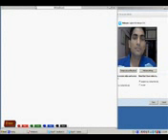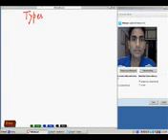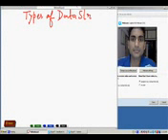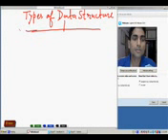So let us begin with categorizing the different types of data structure. Let us categorize them first, and then we should move on further. So, types of data structure. Basically, a data structure can be broadly classified or categorized in two ways.